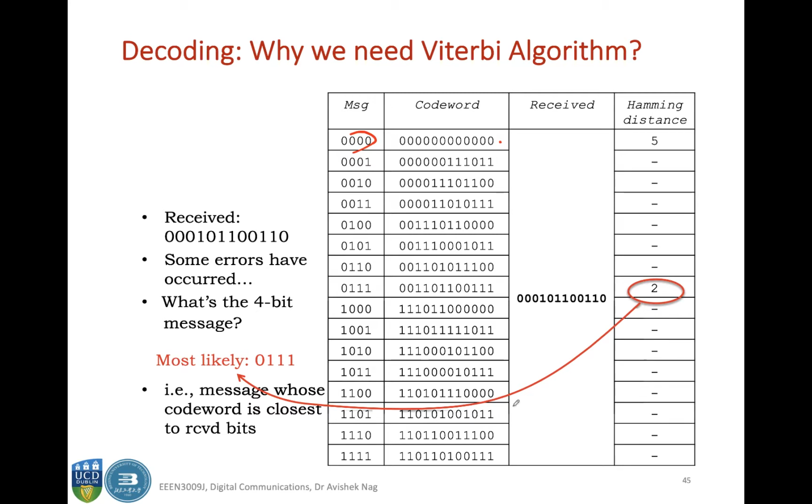For long messages, the number of code words will be even larger. So it is very inefficient to look up each of these code words and then try to see if your received code word is closer to one of these. That's why you need an iterative algorithm, and the Viterbi algorithm is an iterative algorithm.